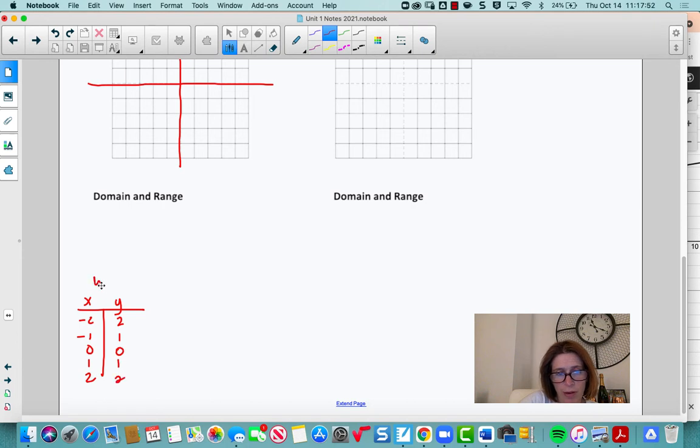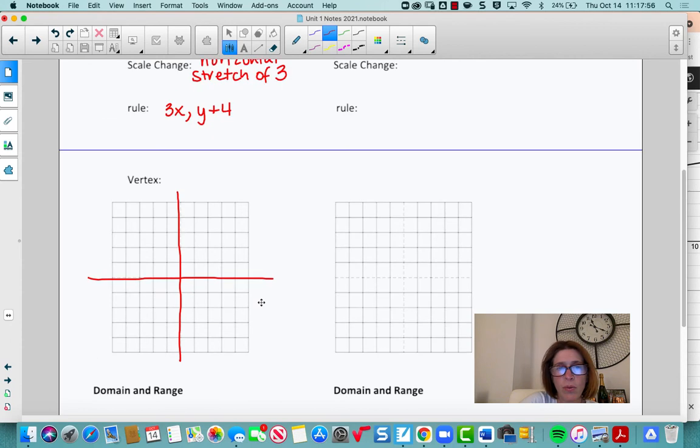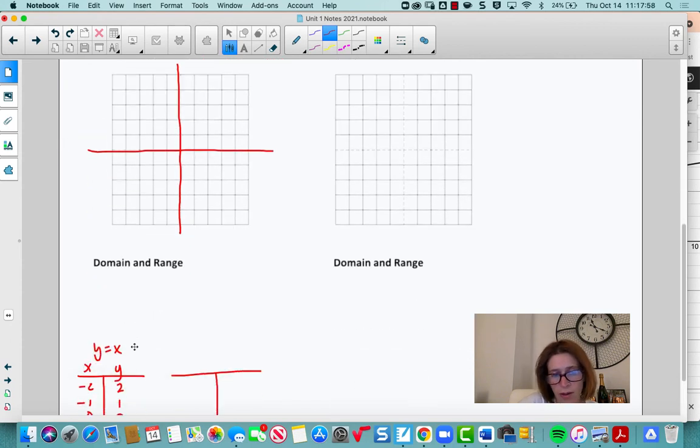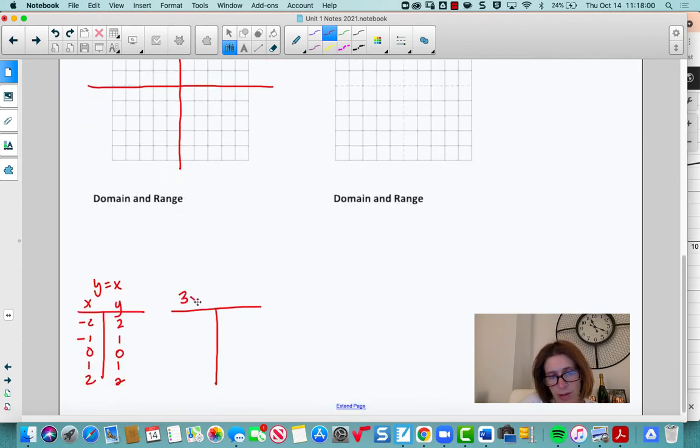Here's my parent graph. My rule was 3x, y plus 4. So I'm going to multiply all of my x's by 3. And I'm going to add 4 to all of my y's.